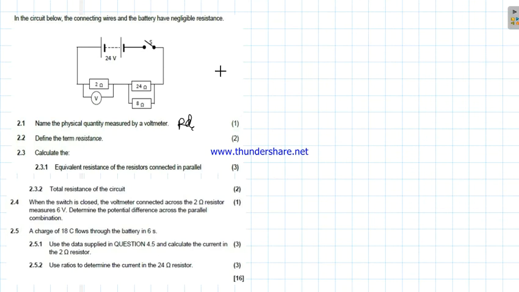Okay, we said resistance is the opposition to the flow of current or flow of charge. Okay, so that's how we can define resistance.